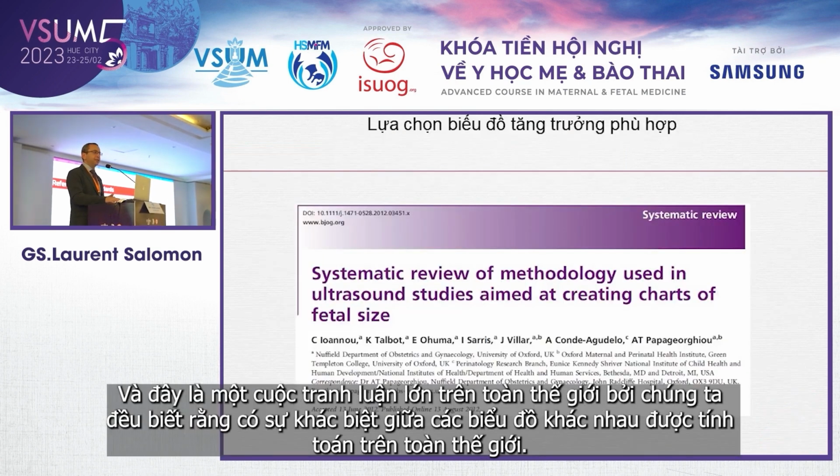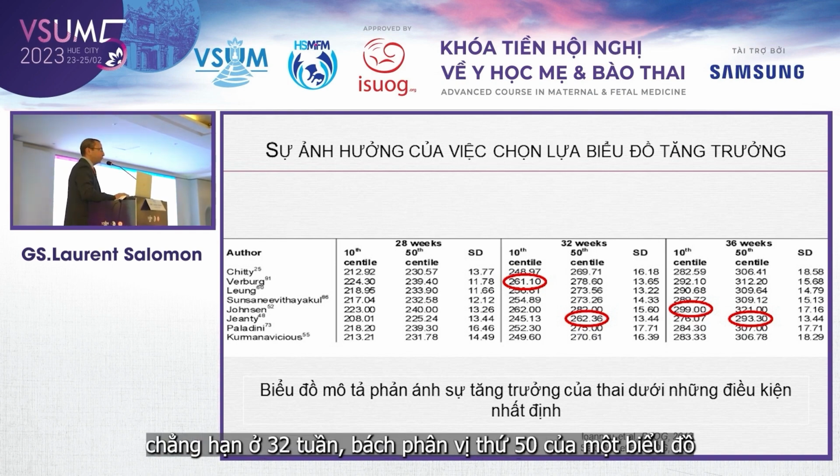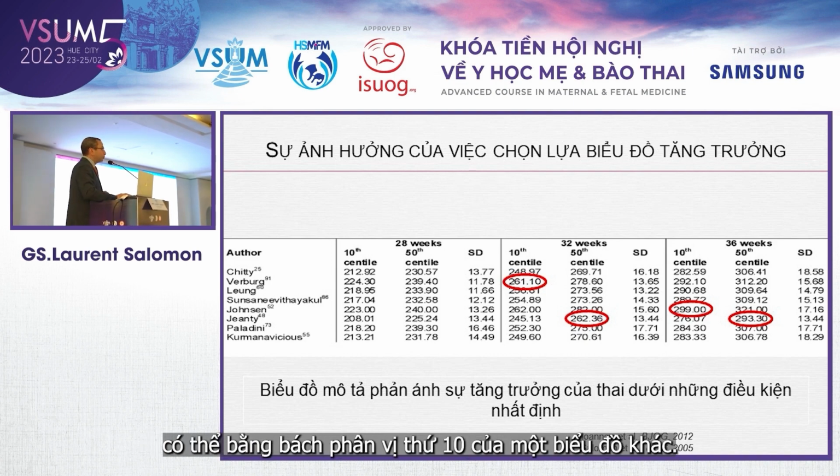And this is a big debate all over the world, because we all know that there are differences among different charts computed all over the world. And we know, for example, that for a given measurement, for example, at 32 weeks, the 50th centile for one chart could be equal to the 10th centile on another chart.